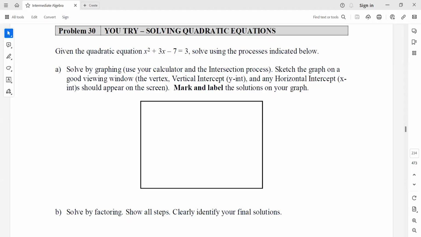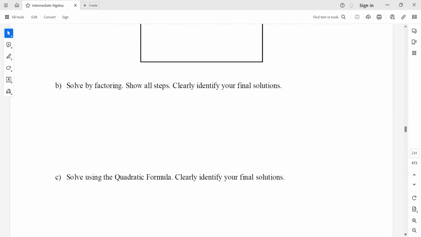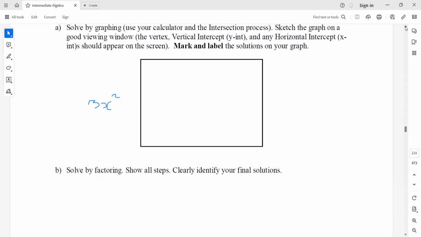All right. Now it says solve by factoring too. So solve by factoring. And then the second one says solve by using the quadratic formula. So I'm going to solve by factoring. Remember, I have 3x squared. I forgot the function. I'm going to go up to find that.